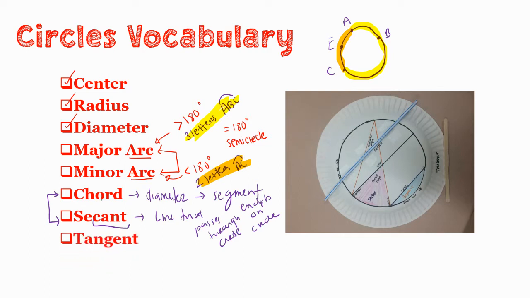Okay? And then we did talk about a tangent, and that's an important one for us to make sure that we are chatting about. So a tangent has only one point on the circle and never goes inside it. Right?